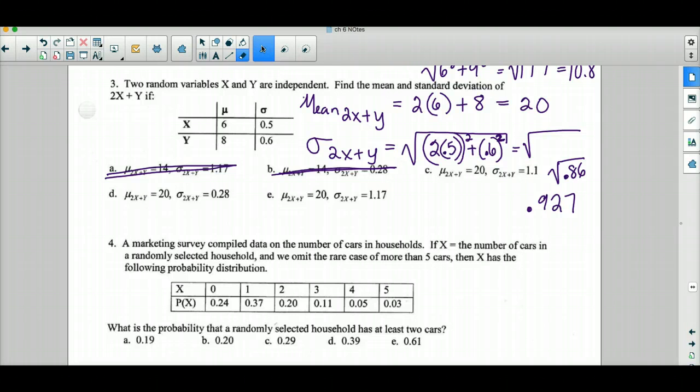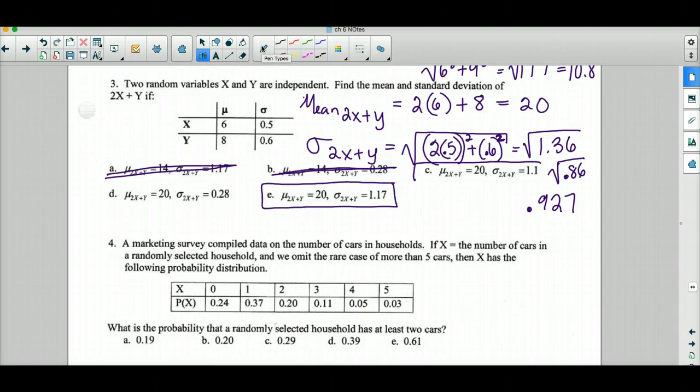So when I double the standard deviation, then I'm going to square it. 2 times 0.5 to the second power plus 0.6 to the second power, enter. I got 1.36. To the 0.5. It's 1. It's sketchy. Oh no, it's this one. It's E. Sorry guys, it's E.